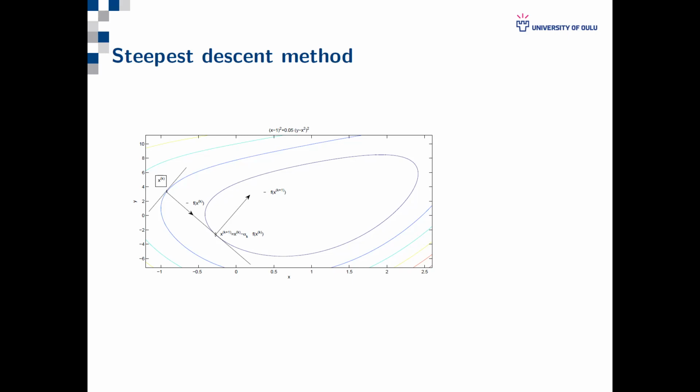It is a bit of a problem that if the equicontour lines, which describe the function very well, are very long in one direction and very small in the other, then the gradient method starts to make this zigzag movement. So it doesn't find the minimum point very fast. It converges very slowly.